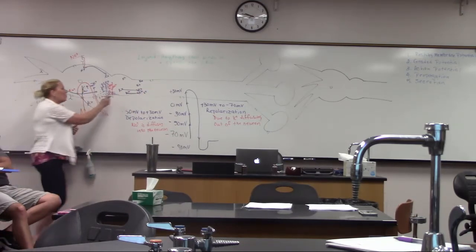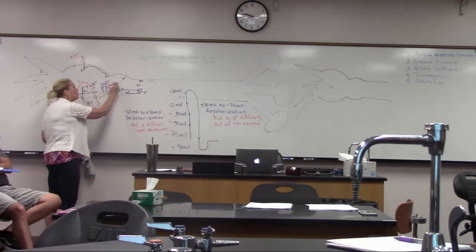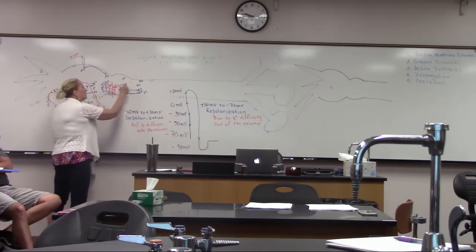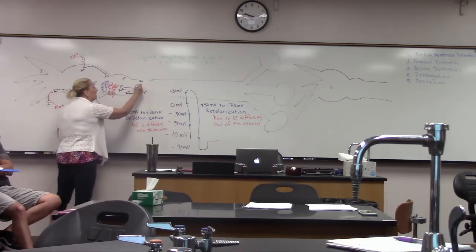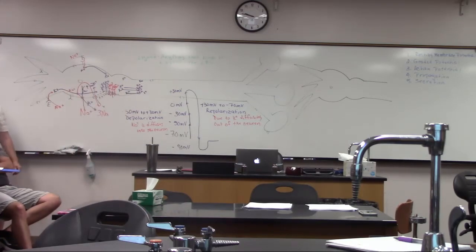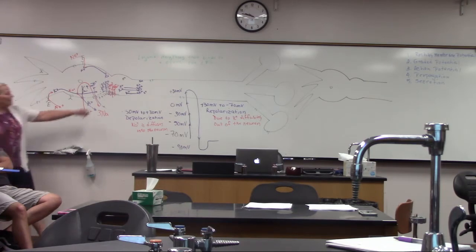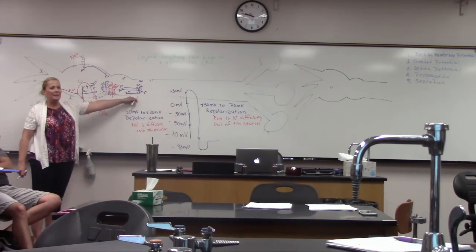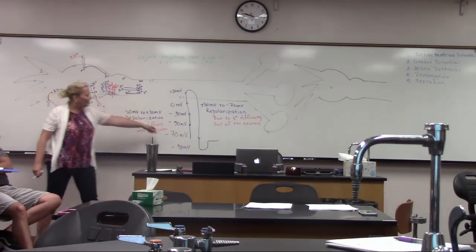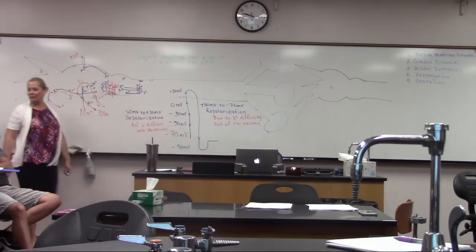And then more gates open, so we get more sodium diffusing in, which allows us to repel more potassium a little further down the neuron. And guess what? We're starting to accumulate potassium. This accumulation of potassium is going to allow us to get from minus 70 to minus 50 millivolts.